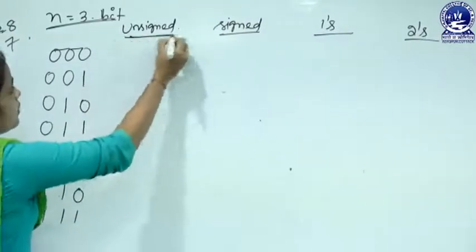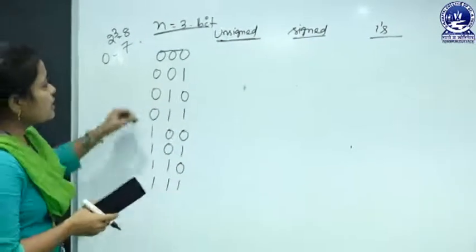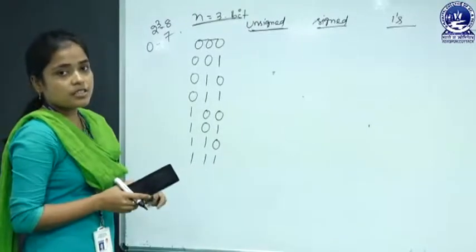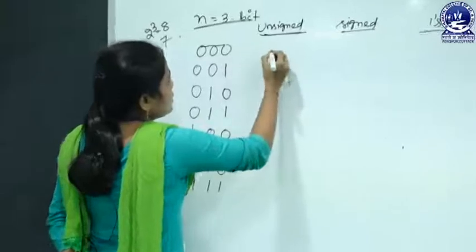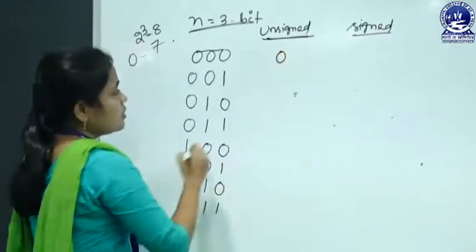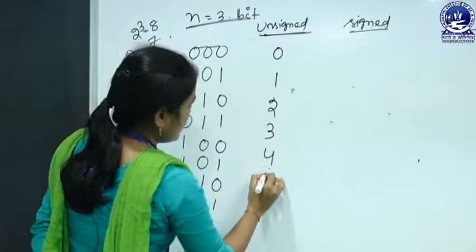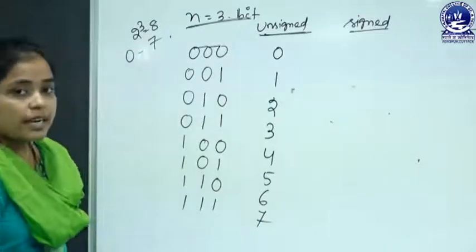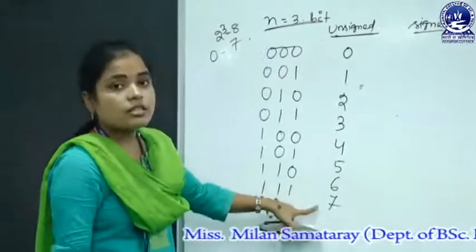So for finding the unsigned values, simple, you have to write the decimal values for this binary representation. This is 0, this is 1, this is 2, 3, 4, 5, 6 and 7. So for unsigned values, what is the range? The range is between 0 to 7.